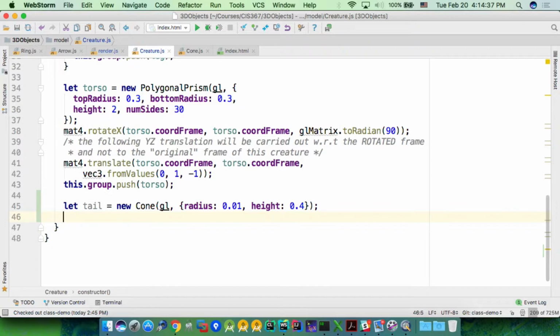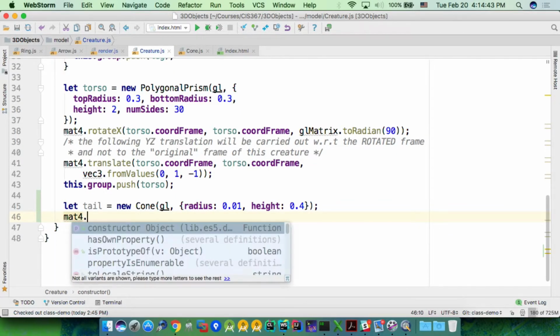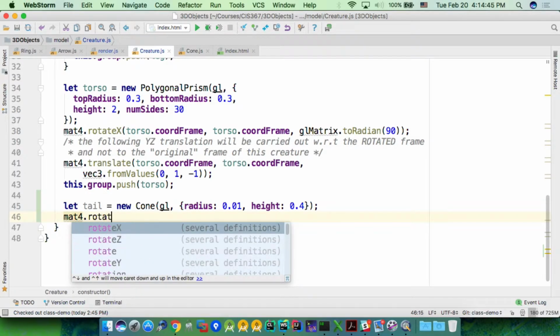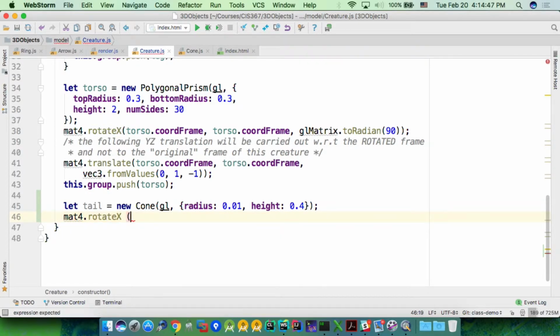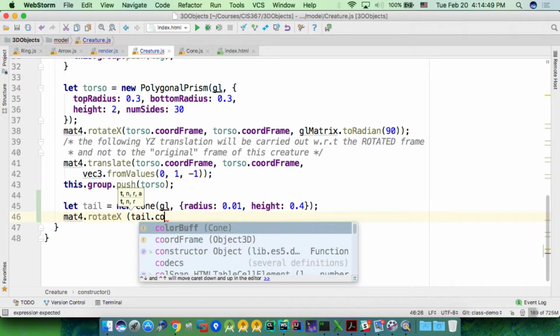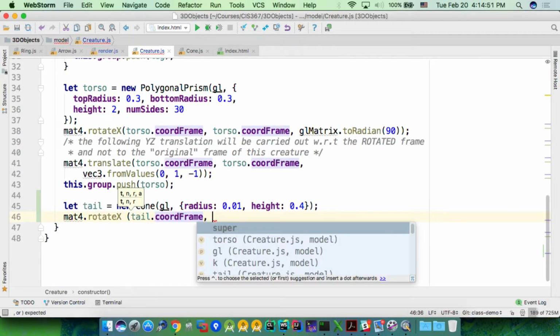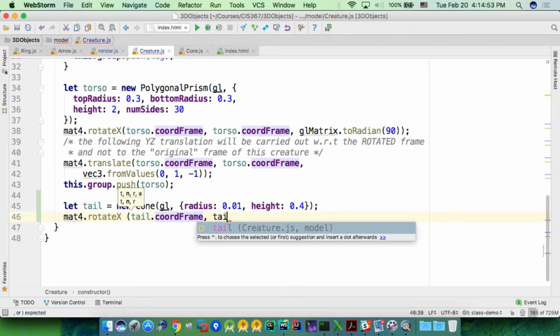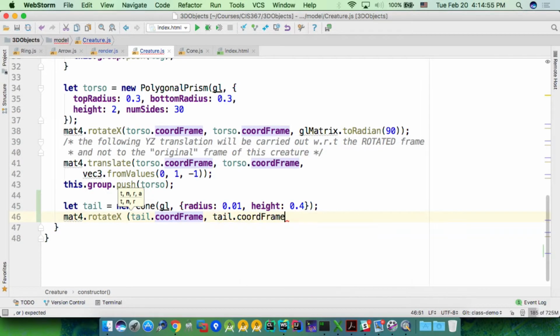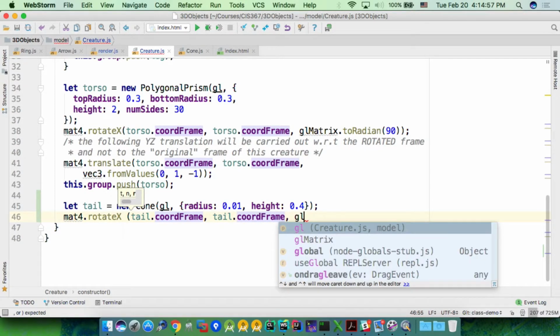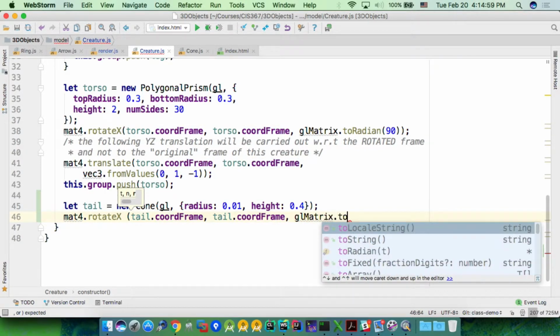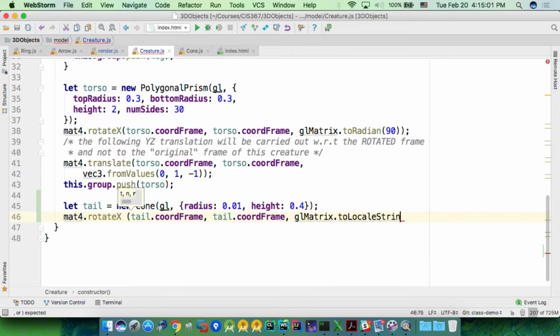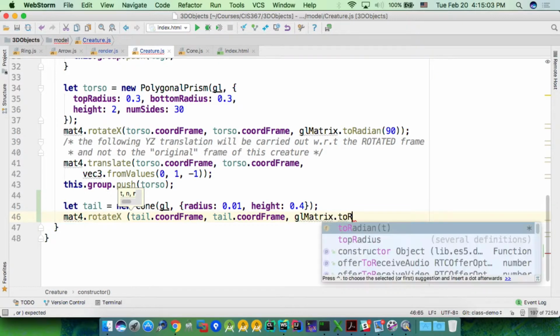Follow the same rotation? Yep, okay. So we can apply rotation along the x-axis. Mat for rotate x, and this one will be a tail coordinate frame, and then a tail coordinate frame. And then the amount of rotation will be 2 radians, 90 degrees.